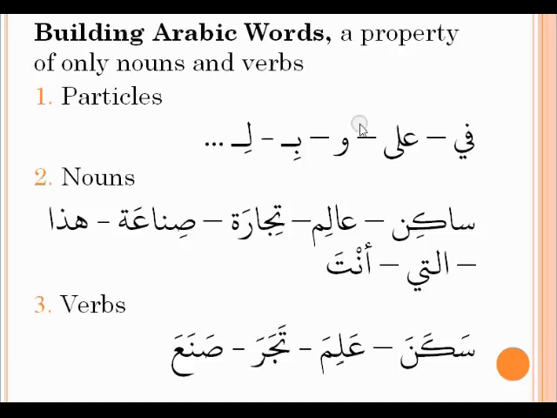So for example, the wa, I think you're familiar with it. The wa, we usually translate it to and, but in Arabic it can also give the meaning with, according to context, for example. And the li also can be a preposition. It can be also another type of lam which expresses possession.